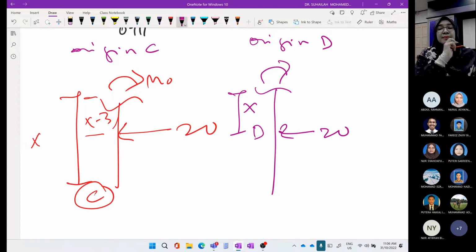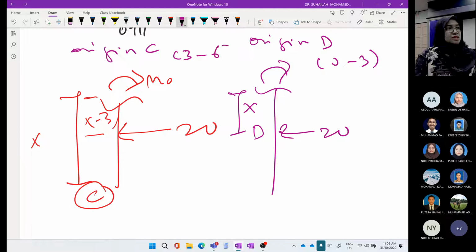Okay. Tapi limit different lah. Origin D limit dia 0 to 3. Origin C limit is 3 to 6. Careful ya when you write moment equation. That's why saya bagi tips last session when you want to write moment equation.